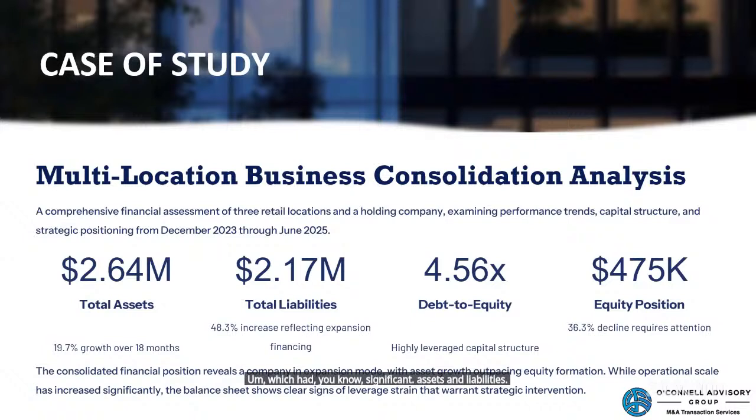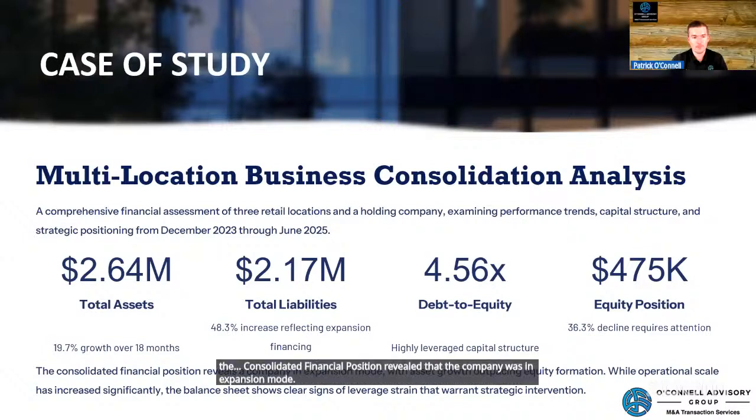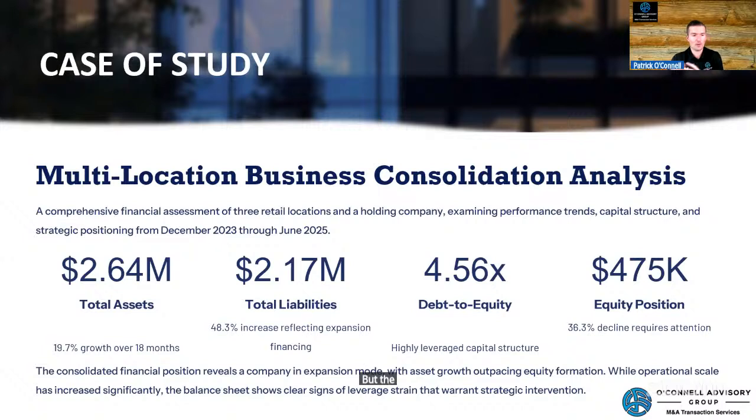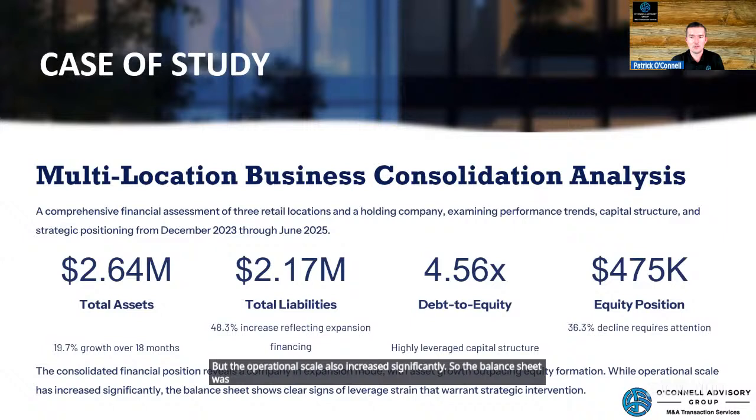The consolidated financial position revealed that the company was in an expansion mode, but the operational scale also increased significantly. So the balance sheet was beginning to increase. So it was really just unpacking some of the components we touched on, like AR and fixed assets. But let's jump in and talk more about it.